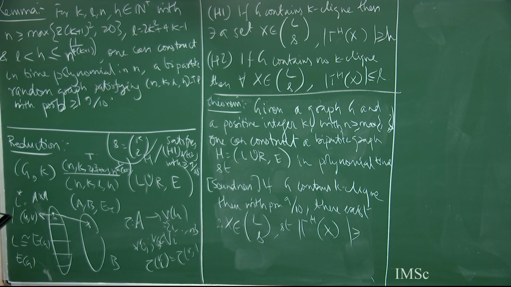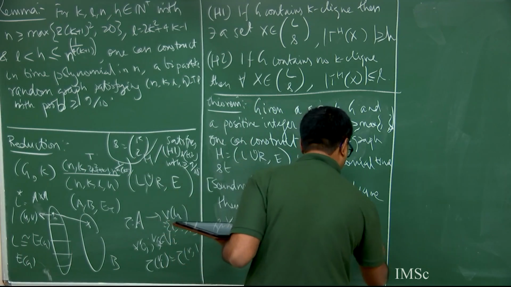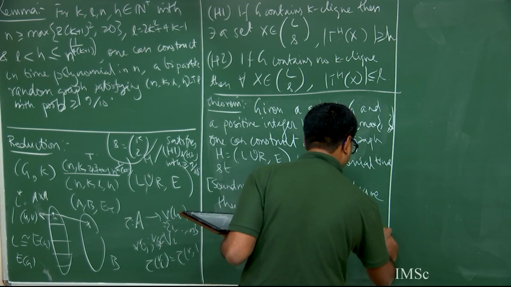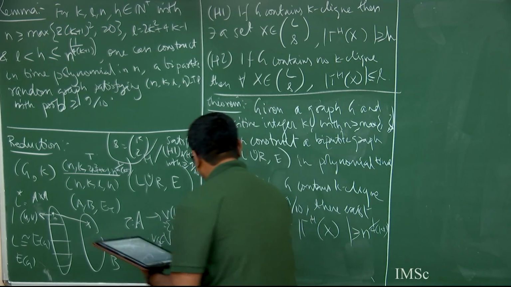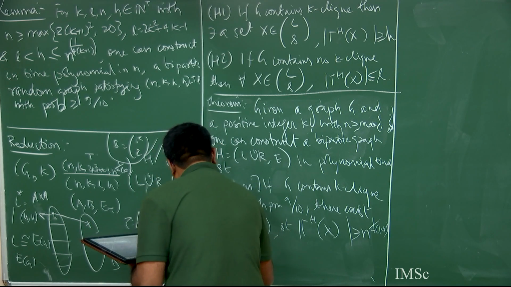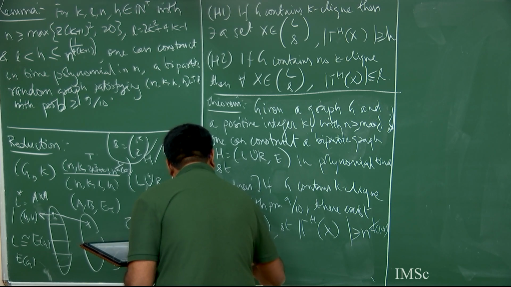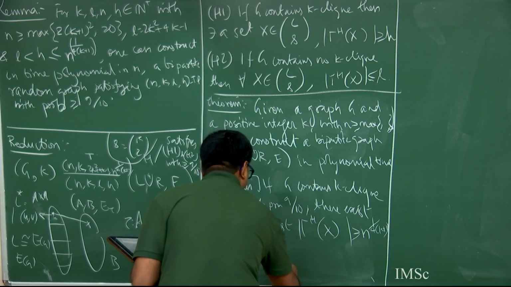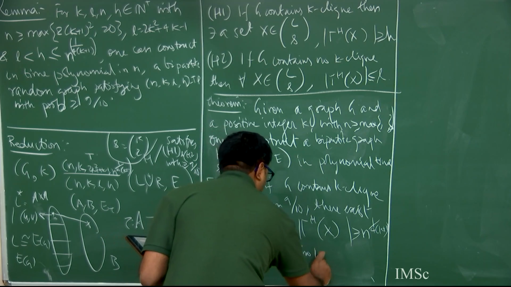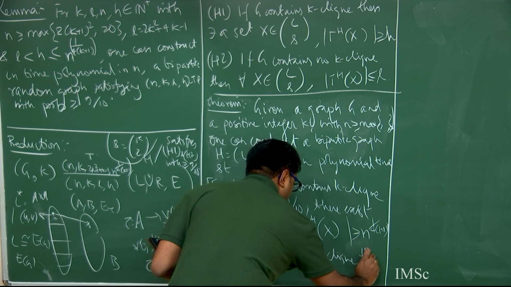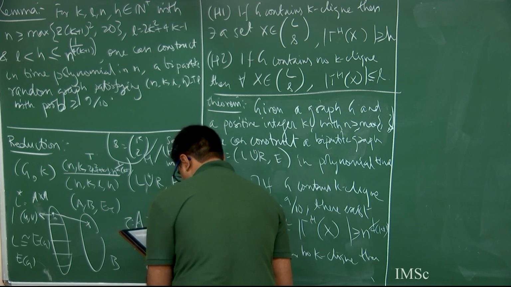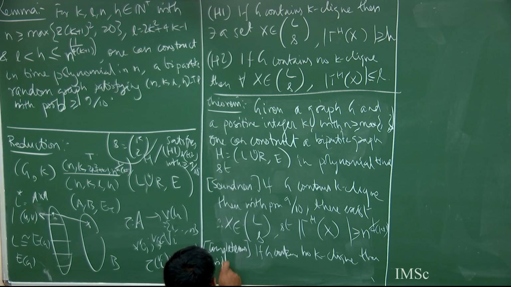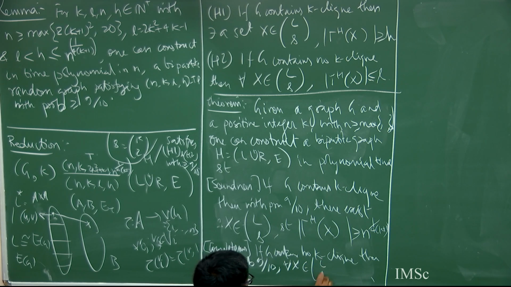So what I say is n to the power 1 divided by 4k plus 1. And what is completeness? Completeness is: if G contains no k-clique, then with probability 9/10, for all x in L choose S, what will happen?